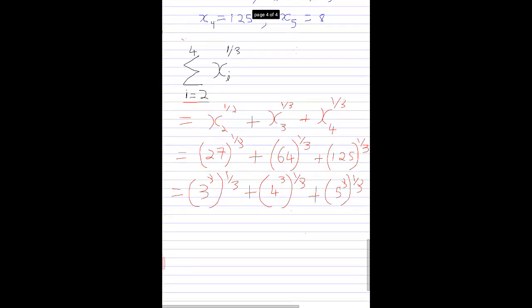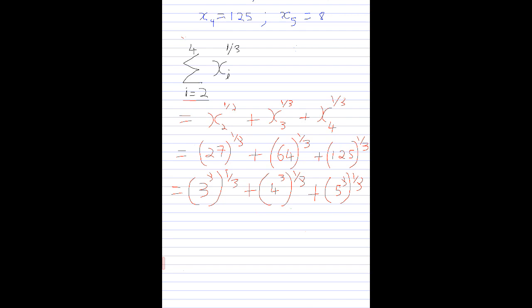Now that means we could simplify it even further. We could say 3 to the power 3 times 1 over 3, plus 4 to the power 3 times 1 over 3, plus 5 to the power 3 times 1 over 3. And because this is maths, life is beautiful, we just simplify.